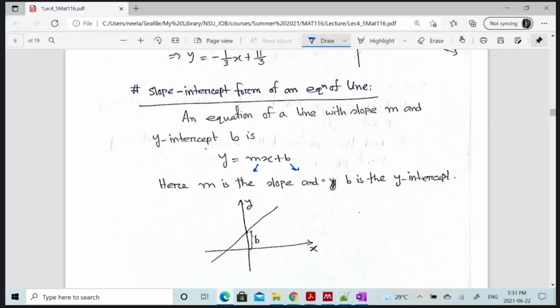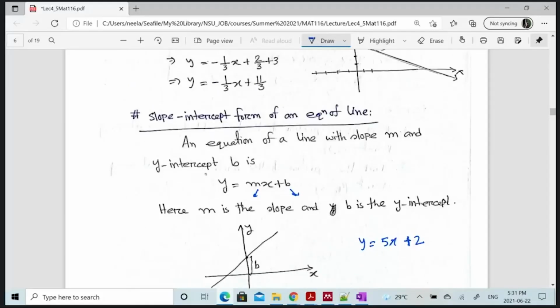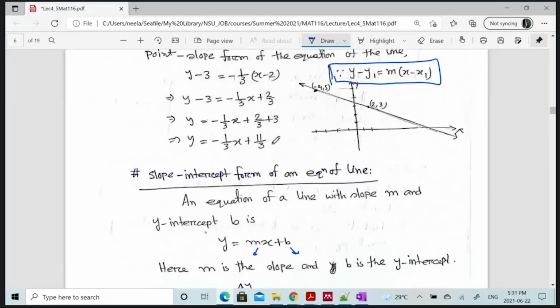If I give you any equation, say 5x plus 2, what is the slope here? 5. What is the y-intercept here? 2.